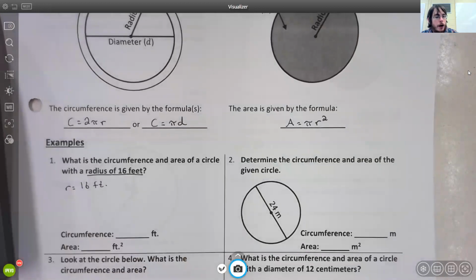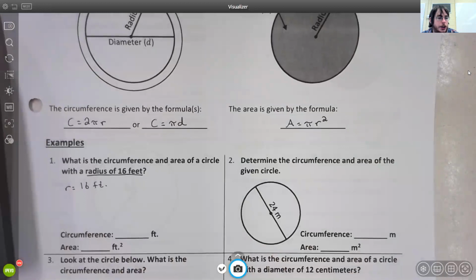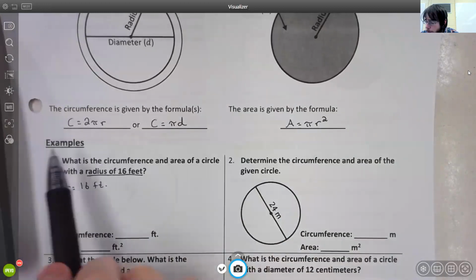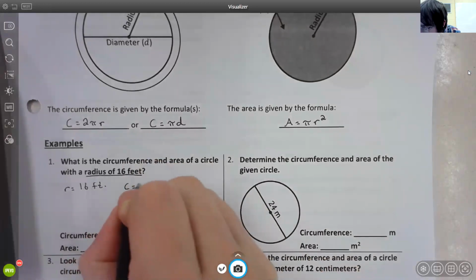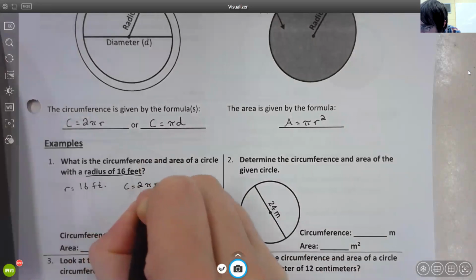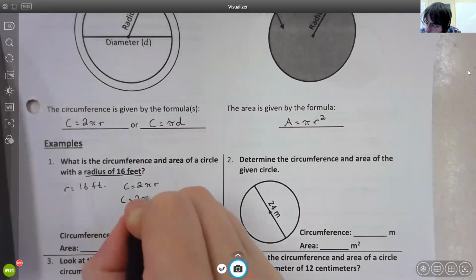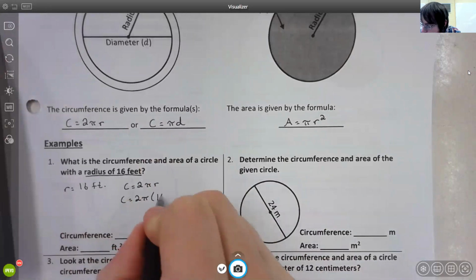We already have r, and both of our formulas have a version that has the radius in it. So we're going to find our circumference first, then our area. The circumference is equal to 2 pi r.